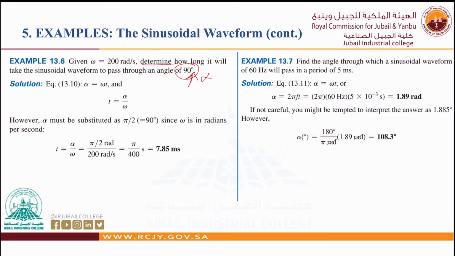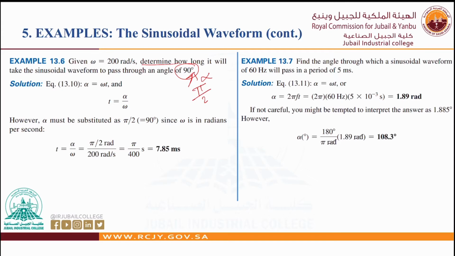We should have it memorized that 90 degrees is π over 2, without needing the conversion formula. 90 is π over 2 and 180 is π, etc.